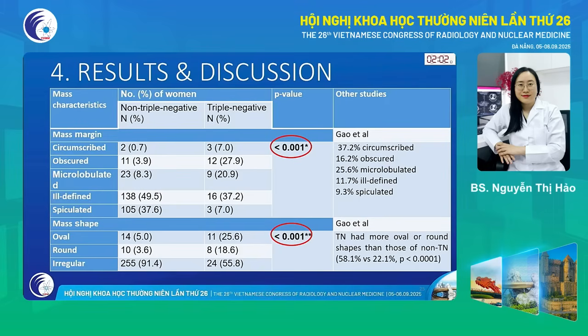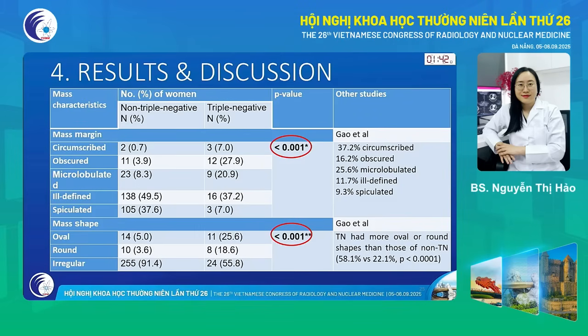About the mass characteristics, in mass margins, most of the cases of triple-negative are indistinct and microlobulated, but 7% of triple-negative has circumscribed margins, while only 0.7% was non-triple-negative ones.